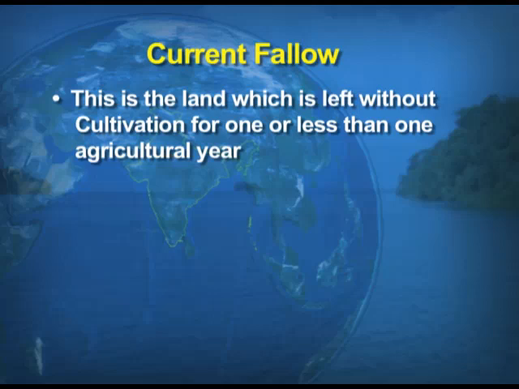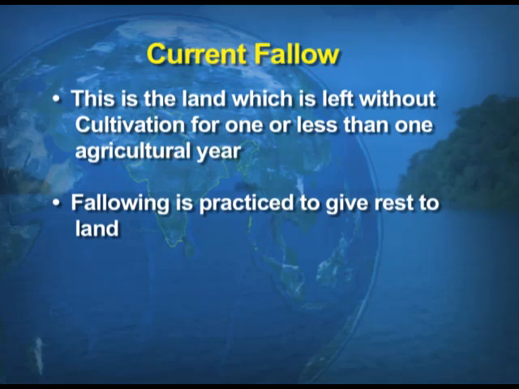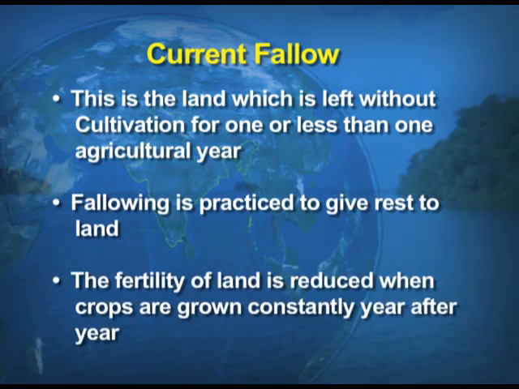So, current fallow land is a land which is left without cultivation for one or less than one agricultural year. Fallowing is practiced to give rest to land. The fertility of the land is reduced when crops are grown constantly year after year.